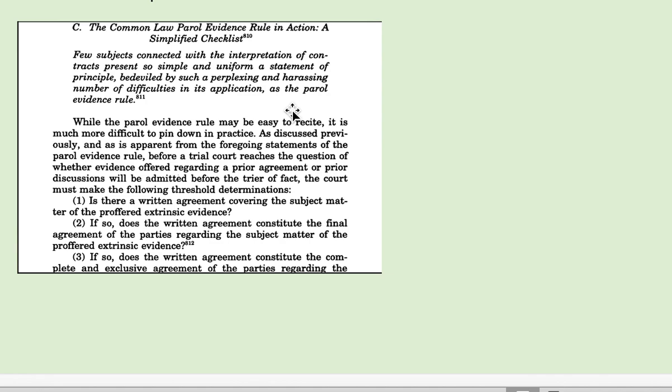It says, few subjects connected with the interpretation of contracts present so simple and uniform a statement of principle, bedeviled by such a perplexing and harassing number of difficulties in its application, as the Parol Evidence Rule, or Parol. Now, a lot of people pronounce it parole, like being on parole, with an E at the end, and a lot of people misspell it.